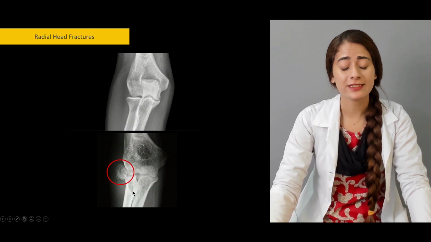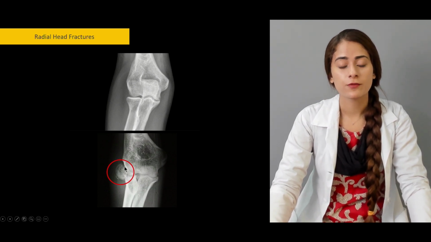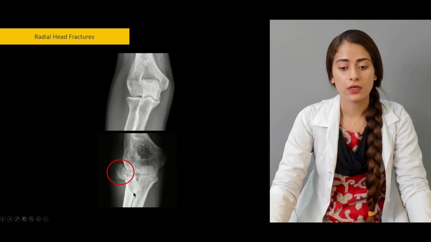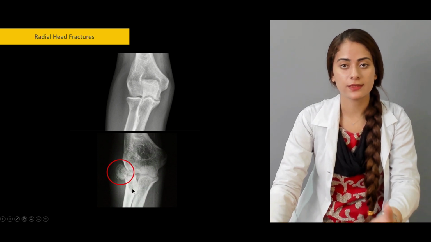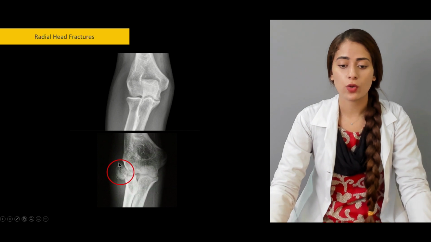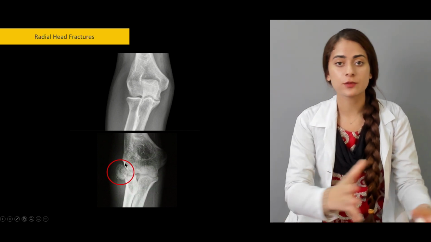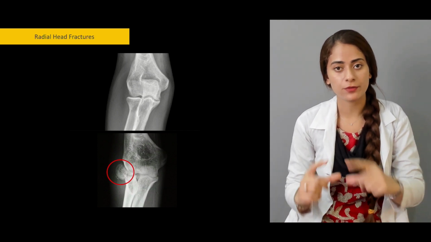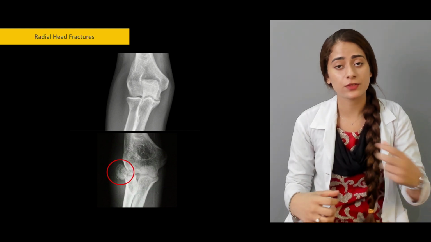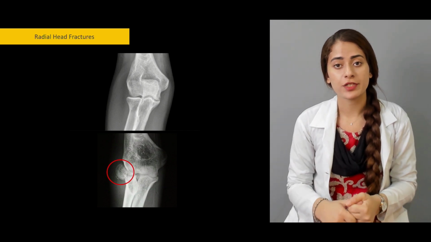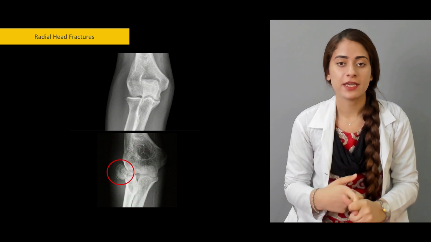So what is it? It's a displaced fragment of the radial head. So when the radial head is displaced in one fragment and it is relatively far away from the radial head, we call it type 4 Masson fracture, right?